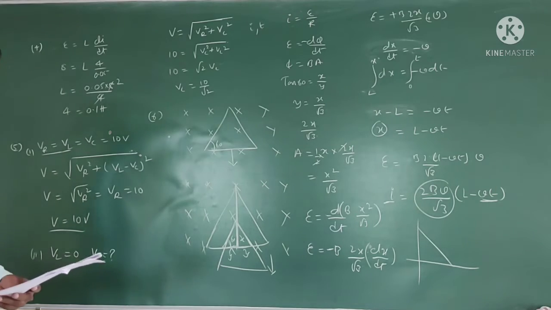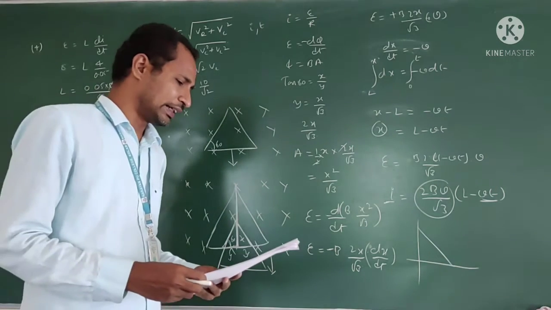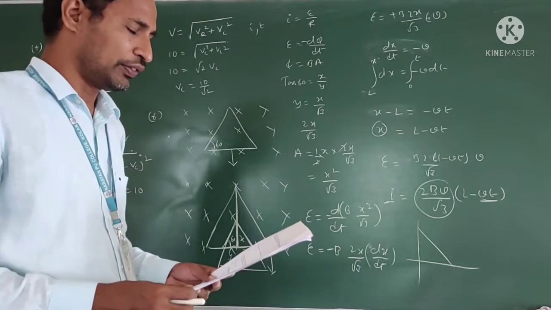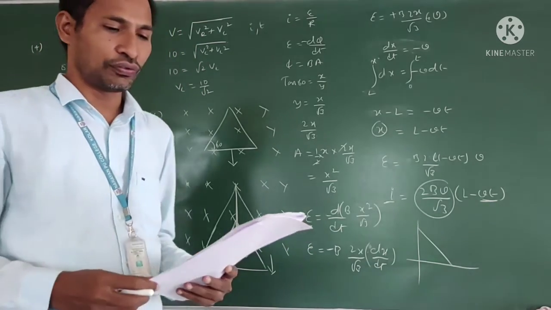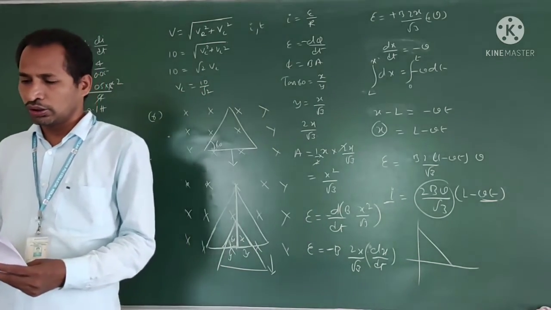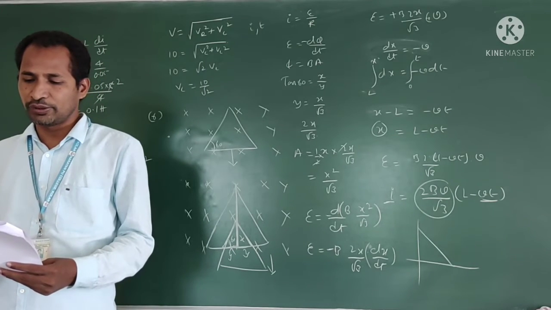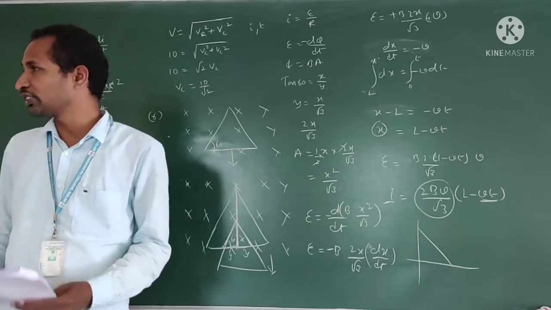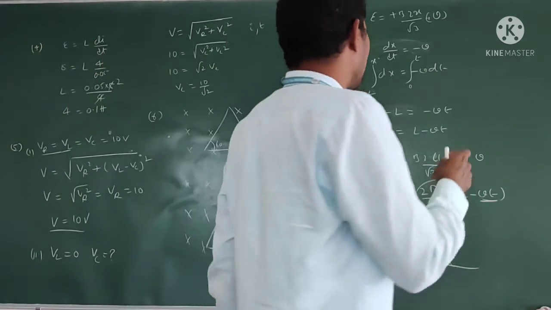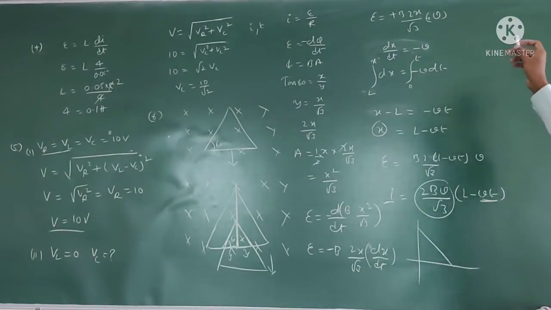Okay, next is the seventh one. Figure 1 shows the conducting loop being pulled out of the magnetic field with a speed v. Which of the four plots shown in the figure may represent the power delivered by the pulling agent as a function of v? So we already studied this in our textbook. It's a textbook question.